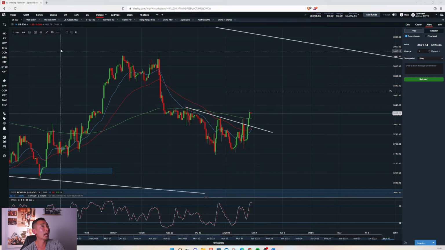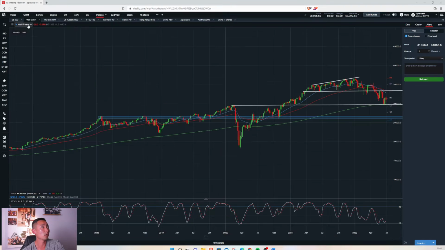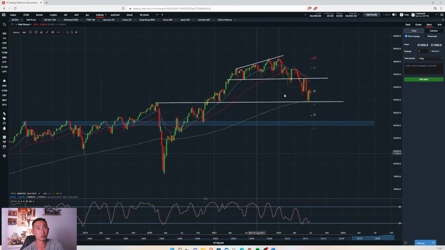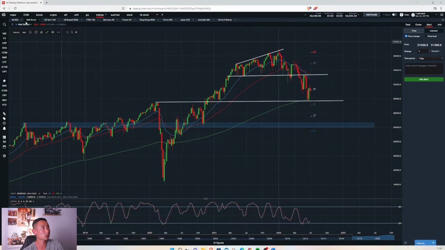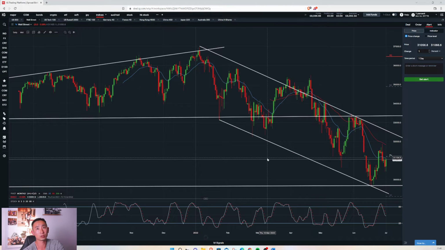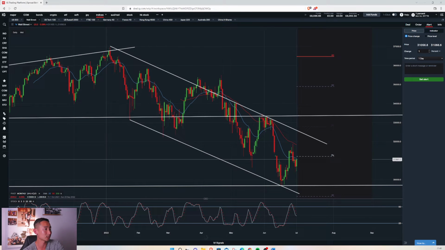Moving on to Dow Jones, you will see something similar. Weekly is on a phase 2. We still got a bit of room to the upside. Daily, you can see we're trading in the channel, so I see price potentially going back up to just above the 32,000 area. Let me drop down the time frame to show you a bit more detail.